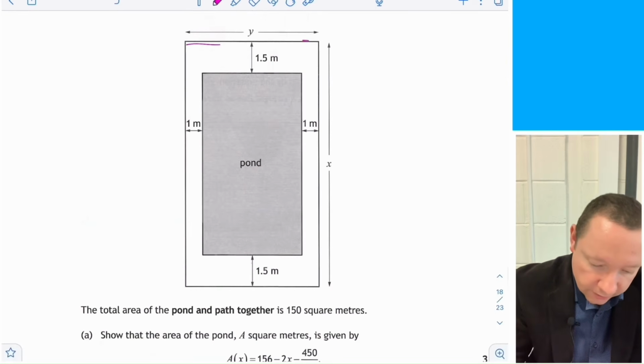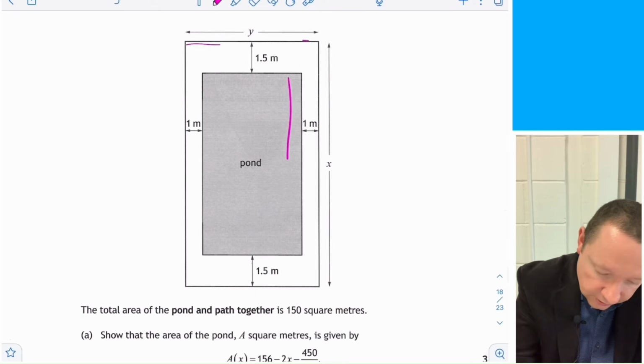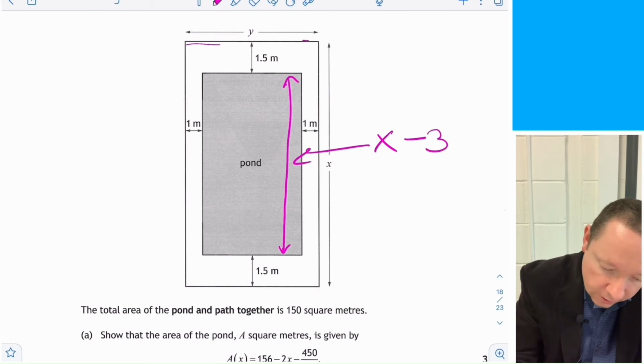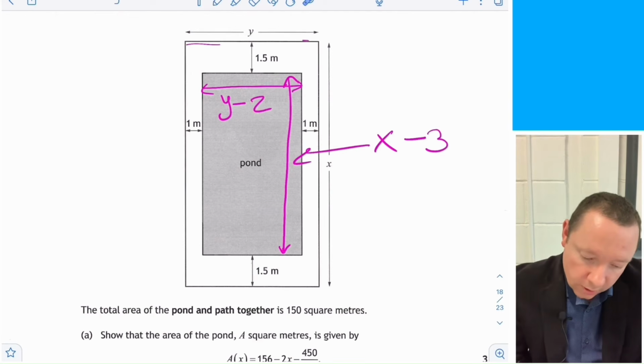If we go back up to the diagram, this distance here is going to be x minus 1.5 and 1.5, so 3. Similarly, going along the way, that distance there is going to be y minus 1 and 1, so 2. So clearly the area of the pond part is y minus 2 times x minus 3.